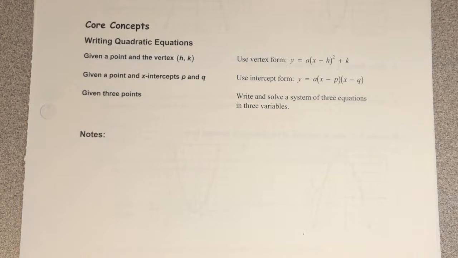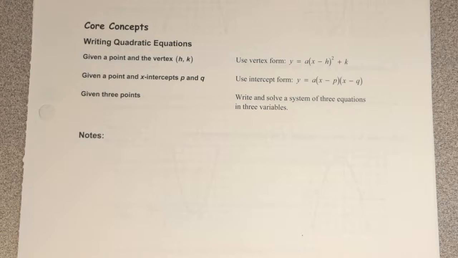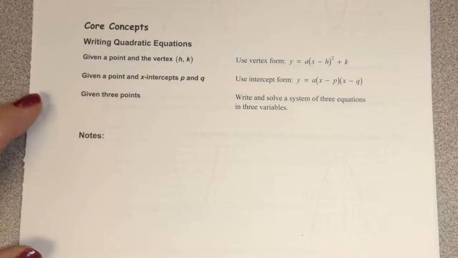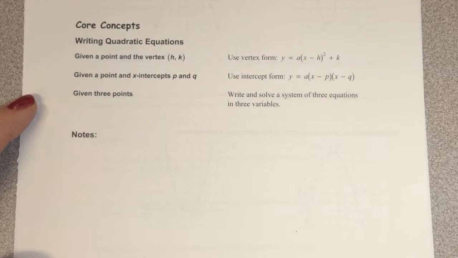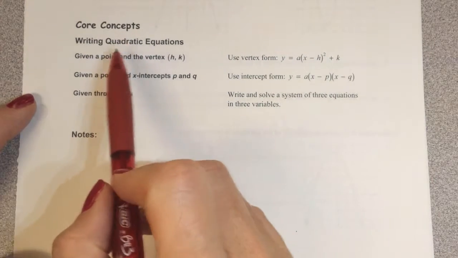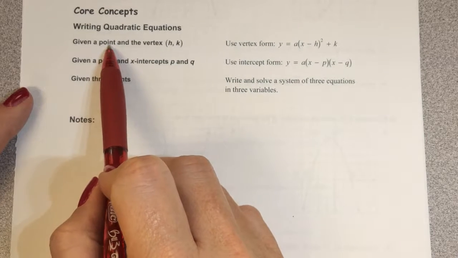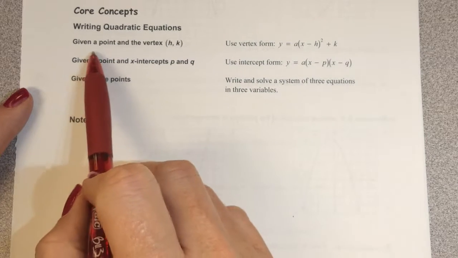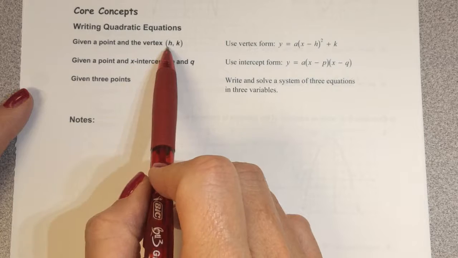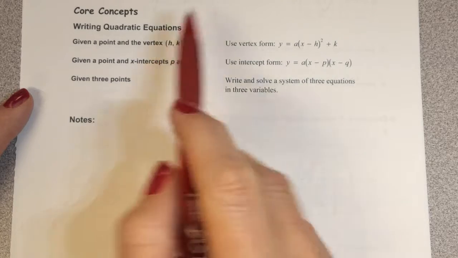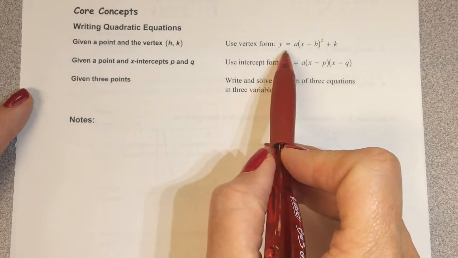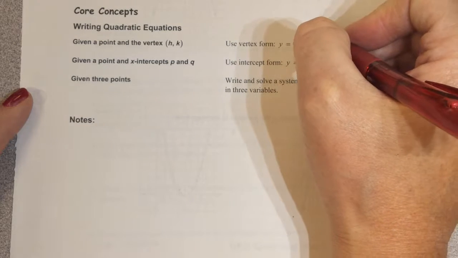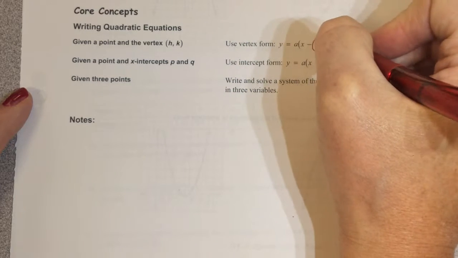So our goals for today are to be able to write equations of any parabola that we're given, no matter what the form is. We are going to be starting down here in the middle of page 41. What if we're given a point and we're given the vertex? Well, we're going to plug our vertex in here.